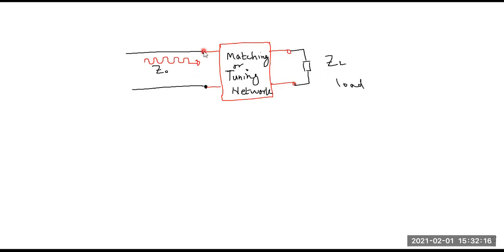So at the input of this network, it will appear as if the load is equal to Z naught. I'm just going to represent this: it will appear as if there is now a virtual load, and the actual load is equal to ZL.